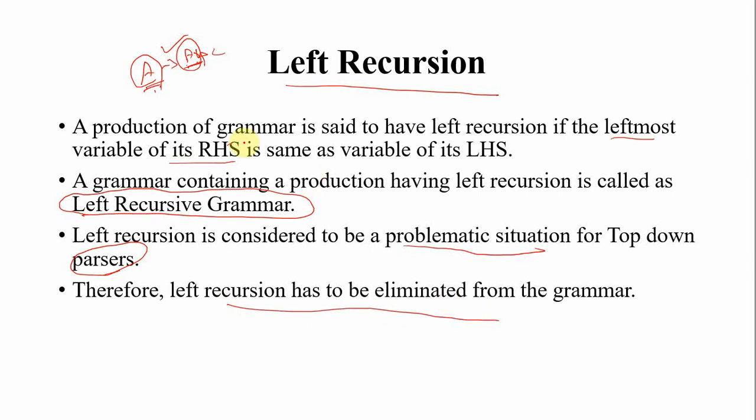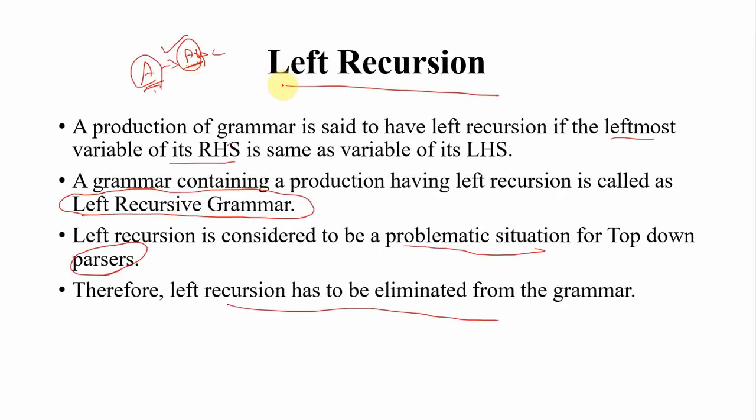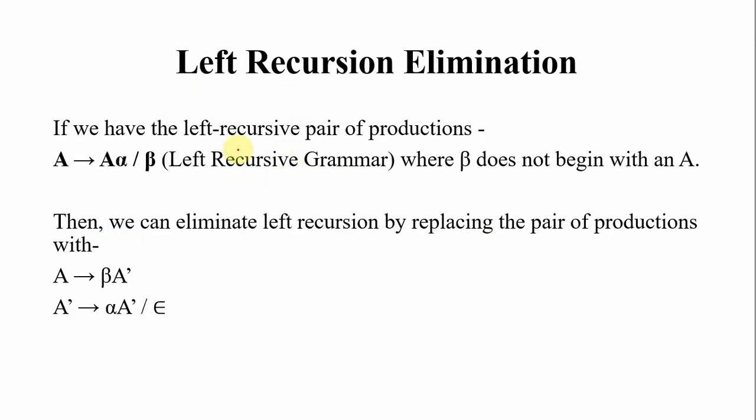Here we go with the procedure of left recursion elimination. Here we saw the property of left recursion. If these two are equal, then it is left recursion. But how can we eliminate it? Here is the formal procedure. If we have a left recursive pair of productions like this, A gives A alpha or beta, where these two variables are the same, then it is left recursion, as we know.